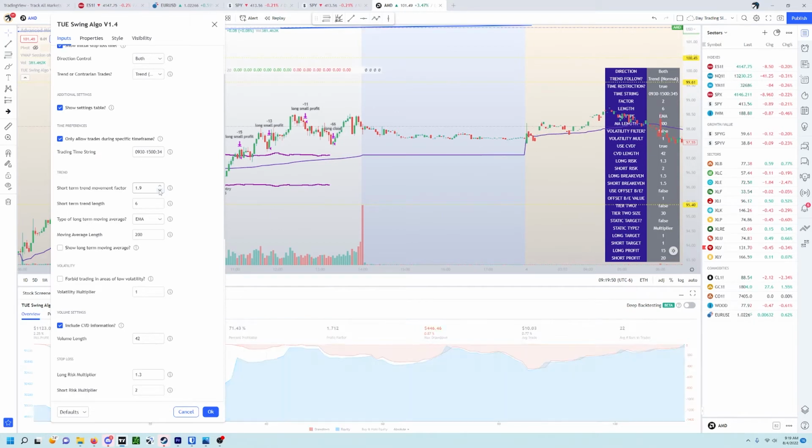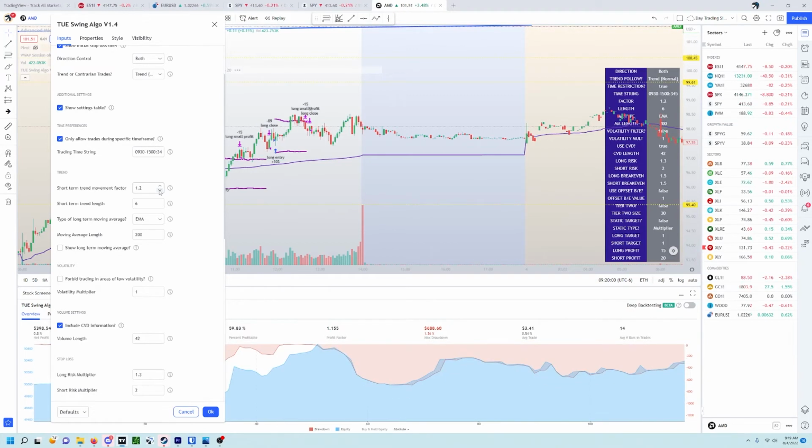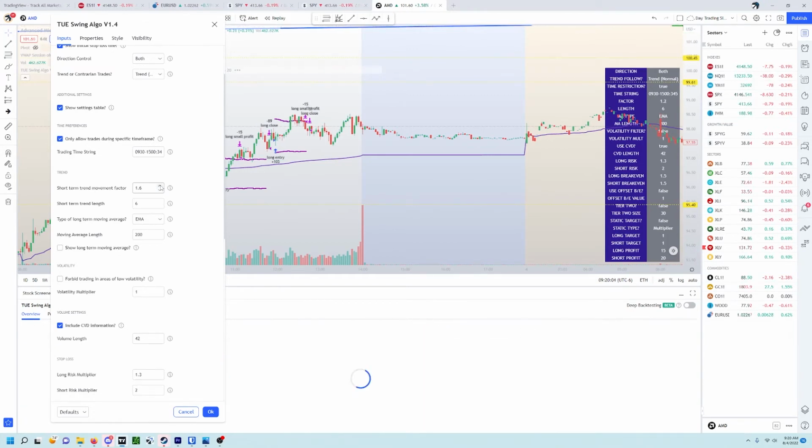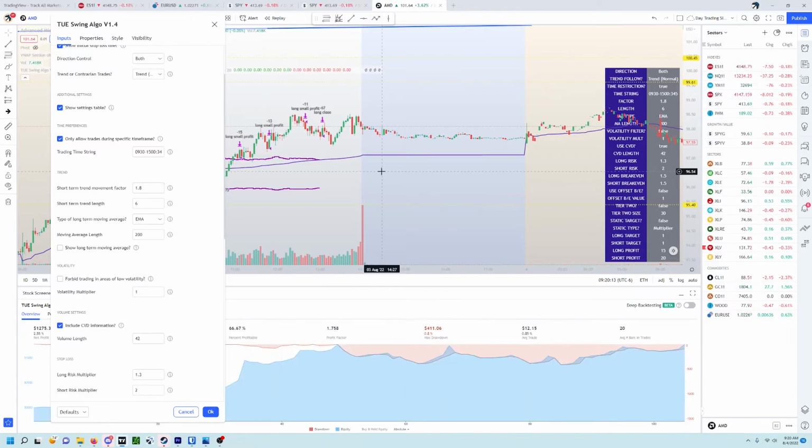There we go, 1.7. At this stage, don't look a whole lot at the chart. What we're trying to do is just watch that profit factor. Okay. It's about the highest number I saw. It's about 1.7.